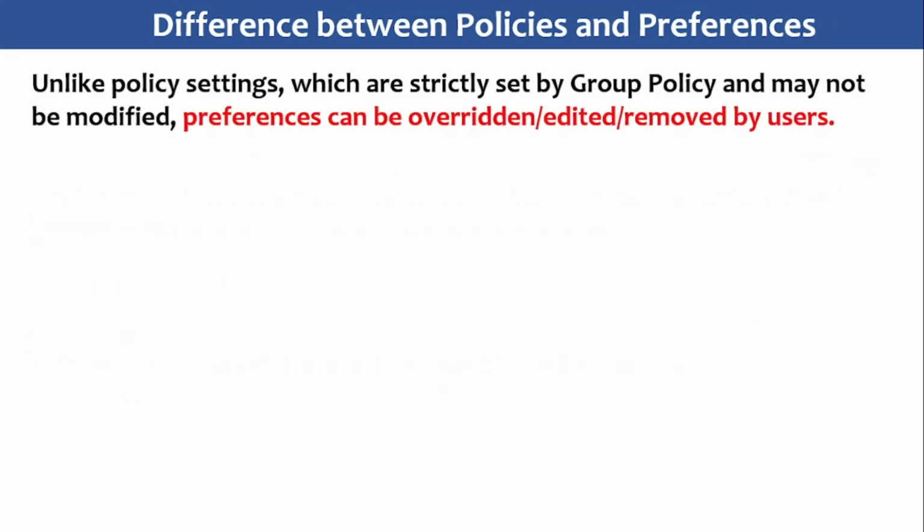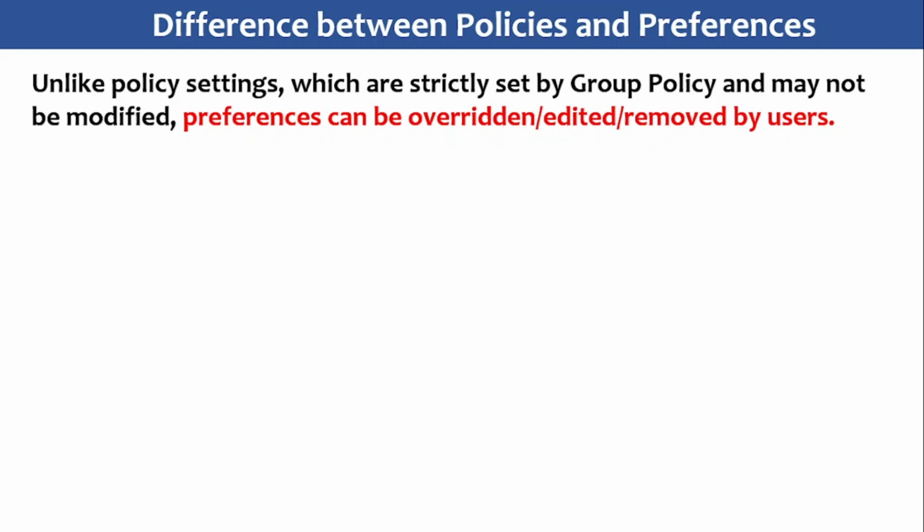Unlike policy settings, which are strictly set by group policy and may not be modified by the user, whenever we go for settings under preferences, the user can override them, edit them, and has full permissions to remove them as well.